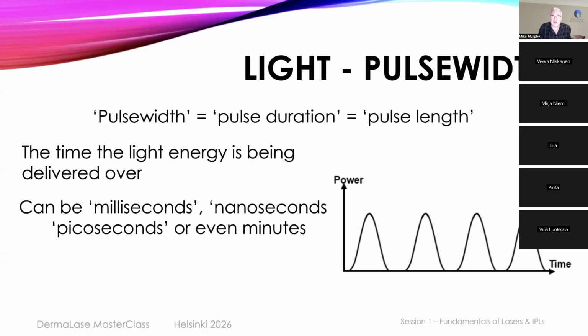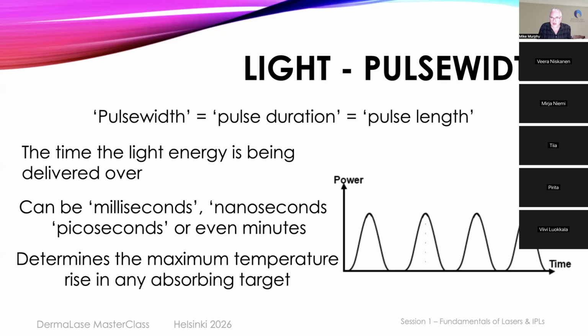And so it can be milliseconds, nanoseconds, picoseconds, or minutes, or hours, or days even. If you boil an egg, and you're boiling it for 5 minutes, then your pulse width is 5 minutes because you're delivering the energy into that egg for 5 minutes. That's what it means.